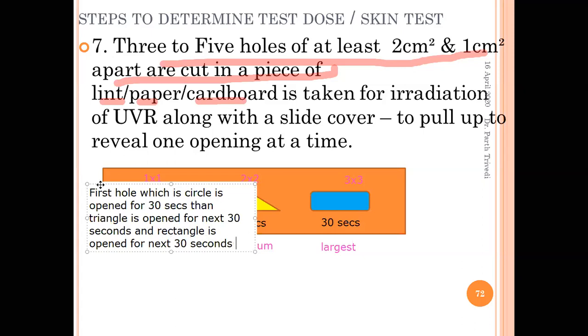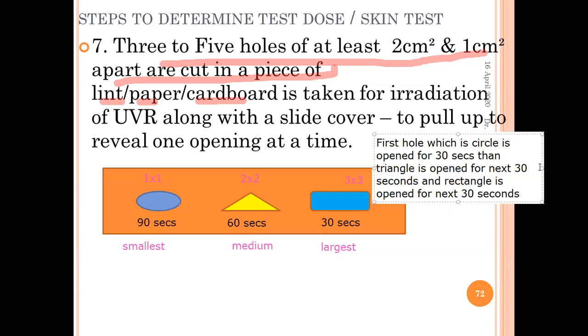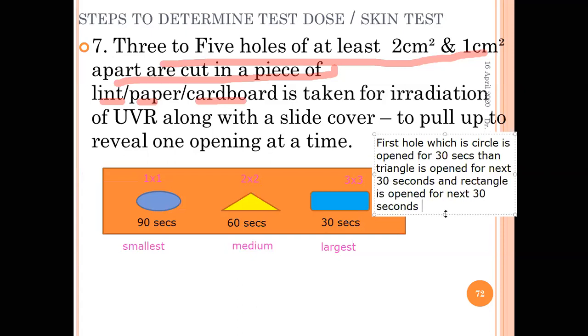Yeah. So practically circle is exposed for 90 seconds because it was the first thing to be opened. Okay, first hole to be opened, so that is why it is exposed for 90 seconds, and then 60 seconds, and then 30 seconds.